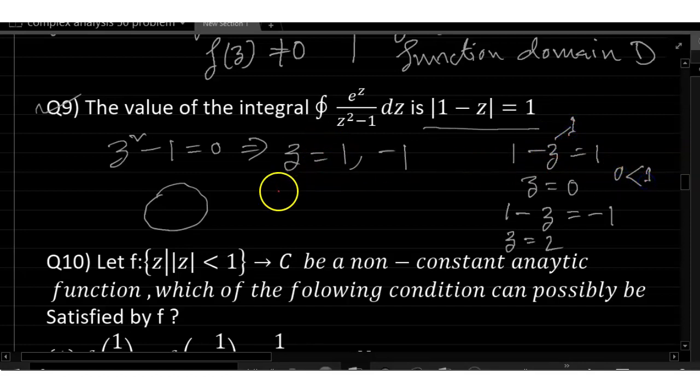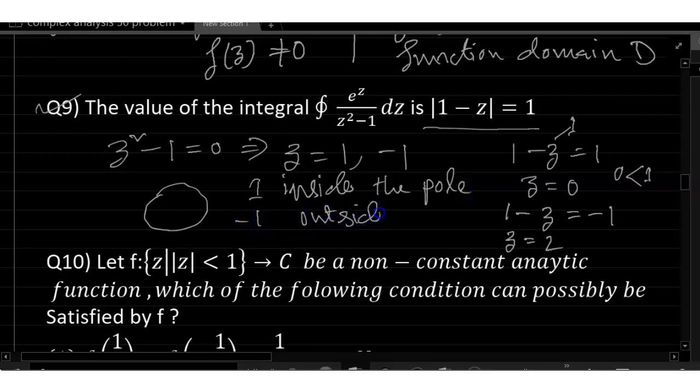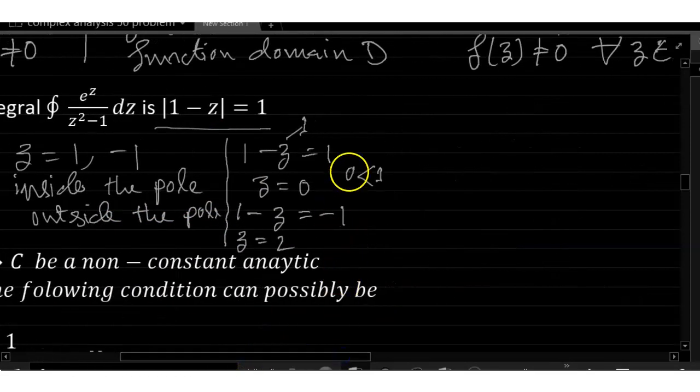So 1 is inside the region, the pole, and minus 1 is outside the pole. Must remember, friends, minus 1 is outside the pole.